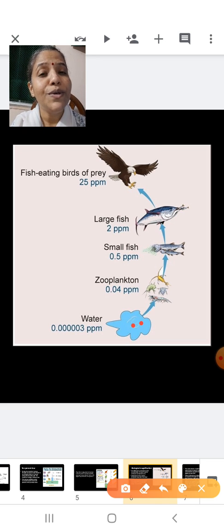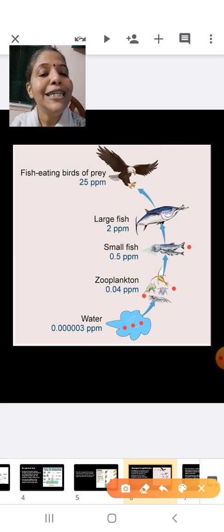In this water body there are small microorganisms called zooplanktons. The pollutant will penetrate into the body of the zooplanktons, which are microscopic organisms. From the body of the zooplanktons it will enter the body of the small fish.